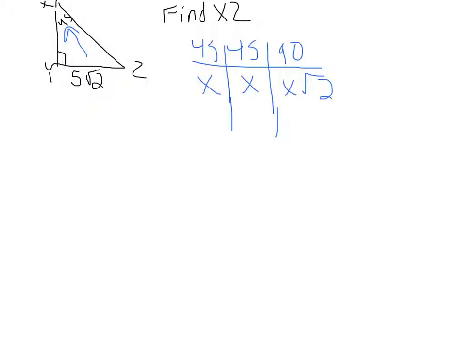It actually touches the 90 degrees, so even though there's a square root of 2 as the value, it can't go in that 90 degree column. So 5 square root of 2 is actually my value for x. That means my middle column is also 5 square root of 2, and that means my 90 degree column is 5 square root of 2 times the square root of 2.